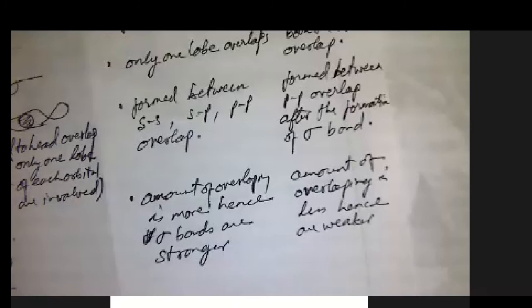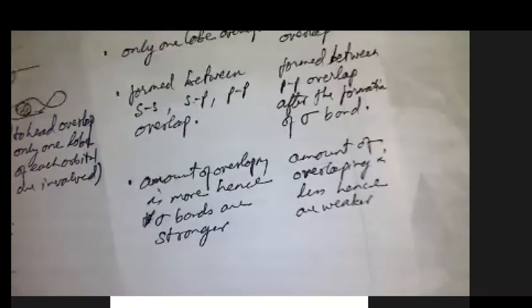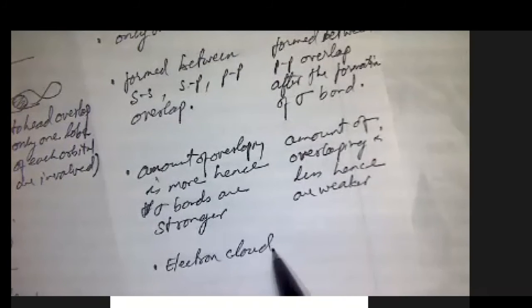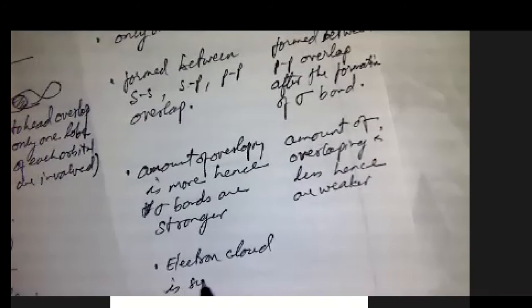Then what we can say, when they are overlapping, electrons are found in a particular space. So generally we refer to it as electron cloud, isn't it? So here I can say the electron cloud is symmetrical.